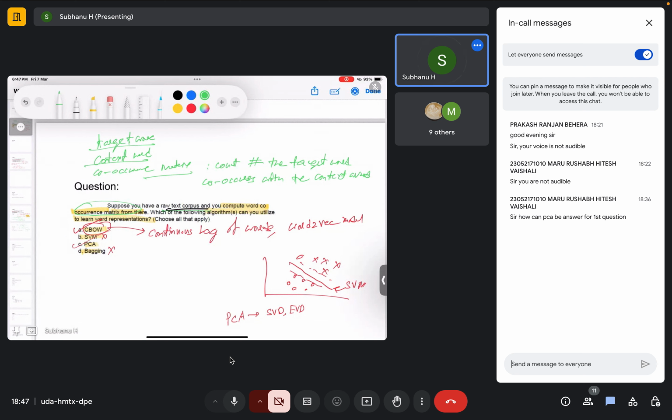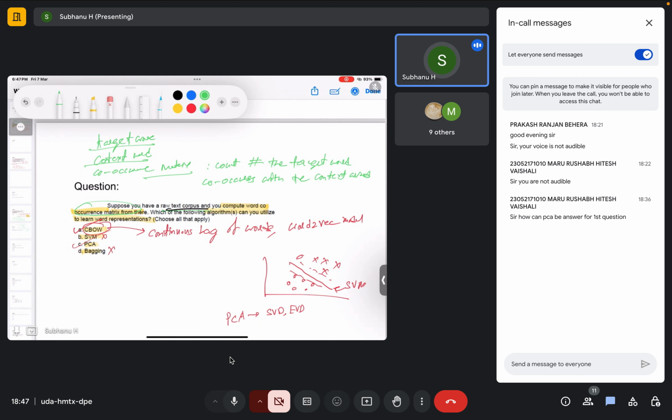Now from here you have to build vectors out of a function of these co-occurrence counts.